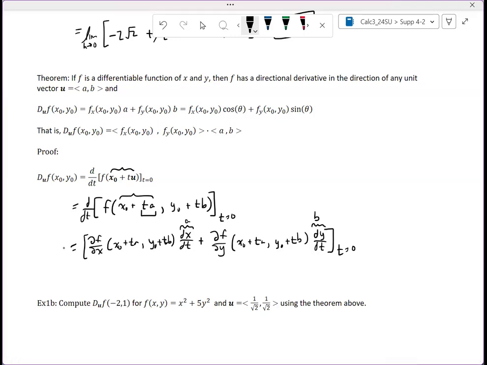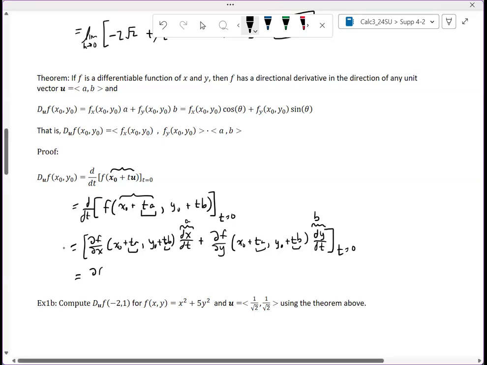And then if I plug in t equals 0, I can see all these bits in the inputs go to 0. We're assuming that the partials are continuous and so on, so that we can move the t equals 0 inside. So what does this give me? This gives me the partial of f with respect to x at x naught comma y naught times a plus the partial f with respect to y at x naught comma y naught times b.